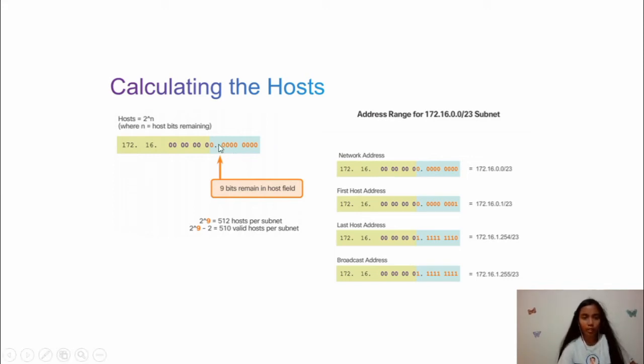The zeros here are 9, so we will be borrowing the 9 here. So the answer here is 512, from which we will be removing 2. So the valid hosts per subnet is 150. Just like here, just the same.